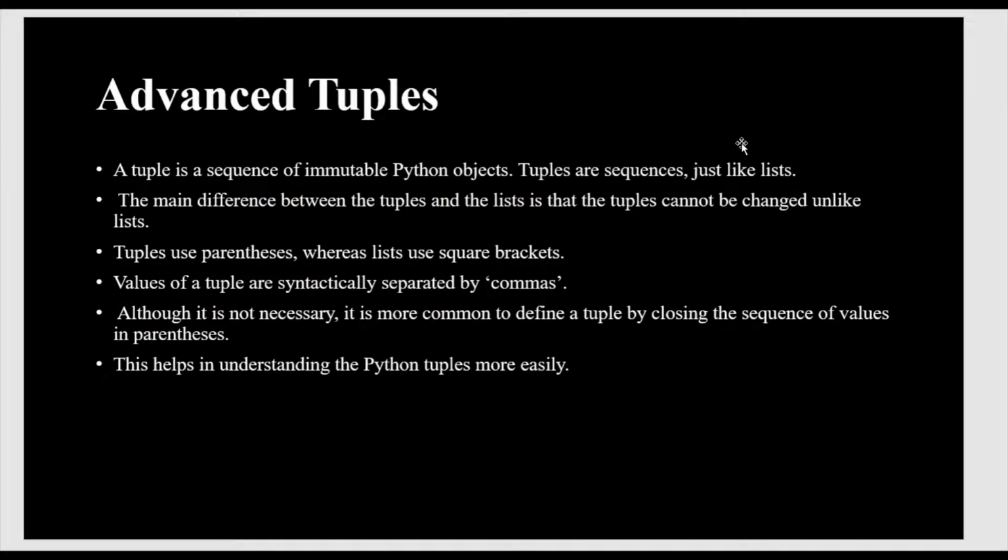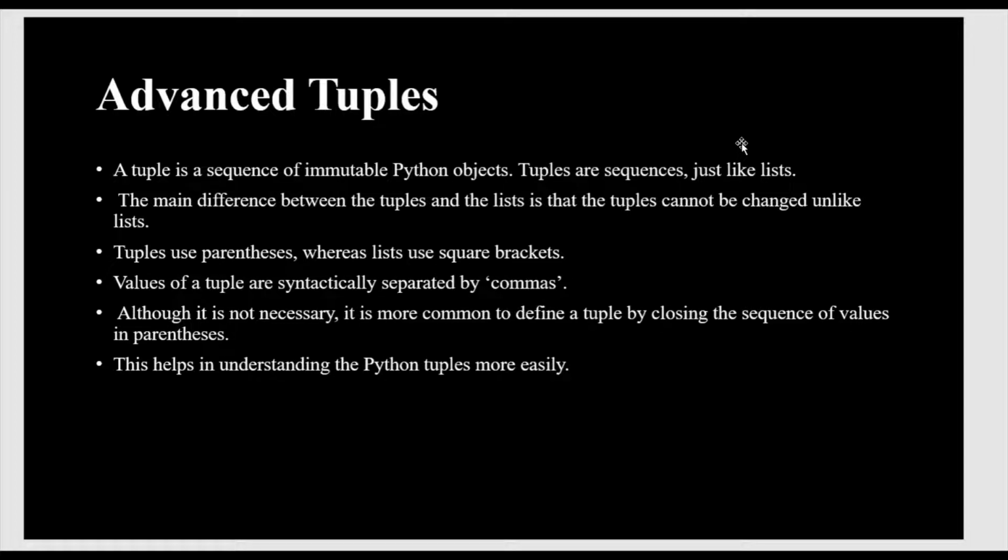And advanced tuples. A tuple is a sequence of immutable Python objects. Tuples are sequences just like lists. The main difference between a tuple and a list is that a tuple can't be changed, unlike a list. Once we have created a tuple we can't change the values, but in a list we have the chance to change the values.